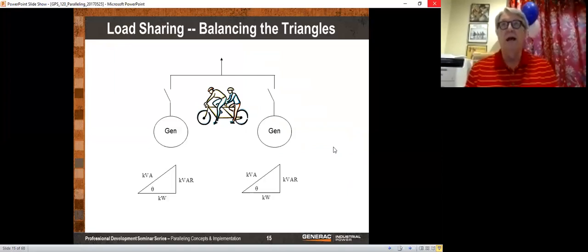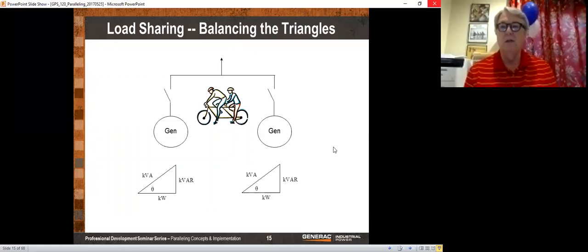Now that you're connected, those generators have to stay balanced, they have to balance each other. So how do we balance them? Well, like a tandem bicycle, we have to balance two things. We have to balance the kilowatts and we have to balance the kilovars. So the thing that balances the kilowatts is the governor.